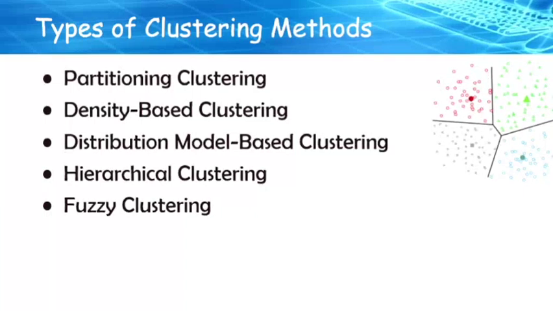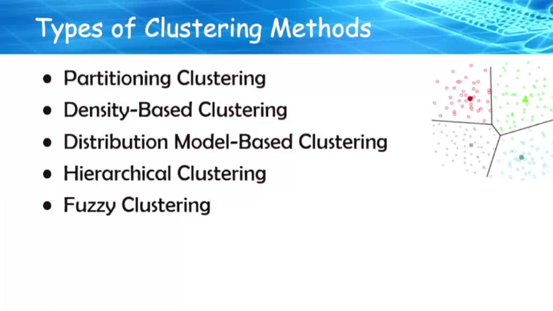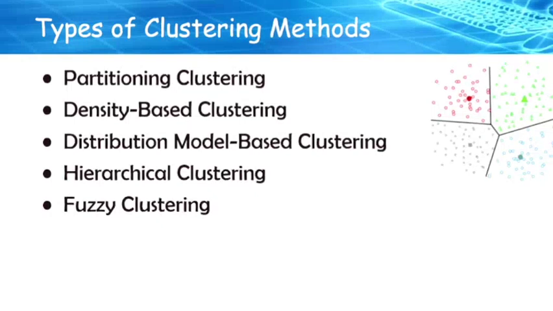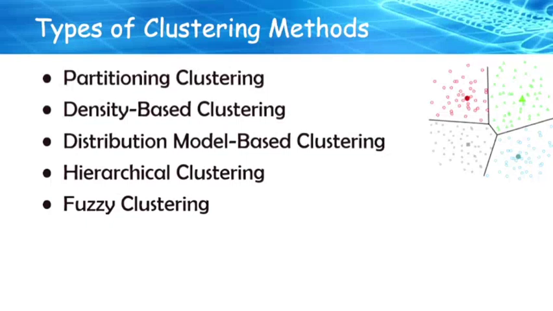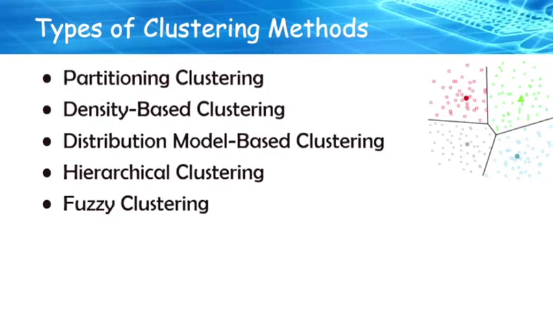Next we have density based clustering. Maybe this diagram will give you more insight. The density based clustering method connects the highly dense areas into clusters. Here you can see it is densely packed, and we have a few white spaces or gaps in between, so that's why it is separated into two clusters.